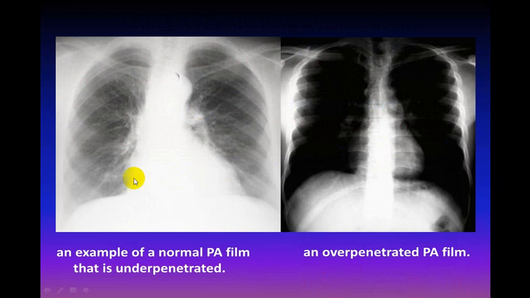In a normal PA view, you will be able to see very clearly. This is a PA view with under penetration. You can see this is more opaque. You cannot identify clearly the costophrenic angle, etc. And this is a little over penetration. You can see this is more radiolucent. So this is over penetration.